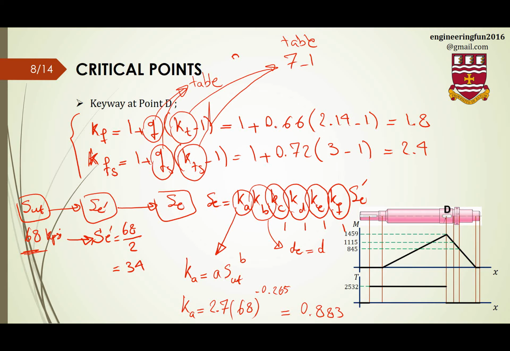Then we need to go to the table for de, and we can find kb from that table. It is d over 0.3 to the power of minus 0.107.